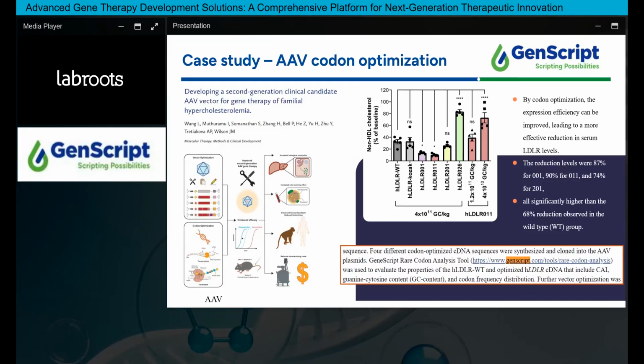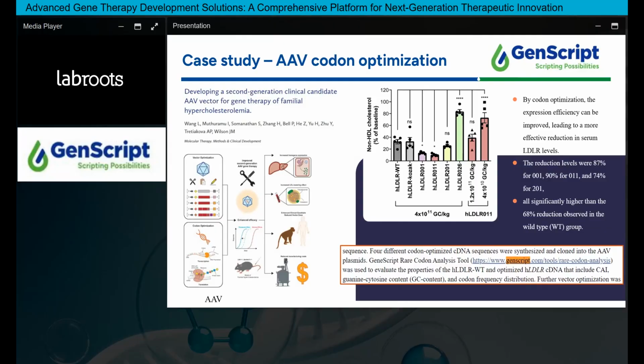In this study, they demonstrate the combined effect of codonization and vector optimization, which significantly improved the efficacy of an AAV vector in an LDL receptor deficient mouse model. In conclusion, the codonization and vector optimization enhance the transgene expression and reduce the serum LDL level efficiently.